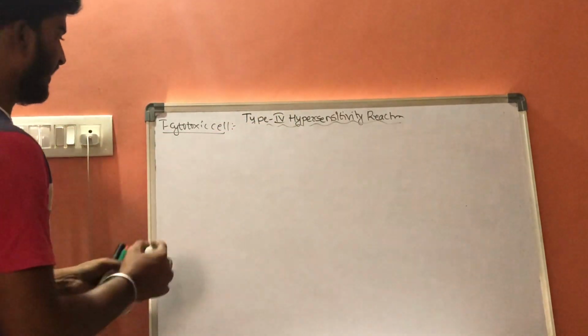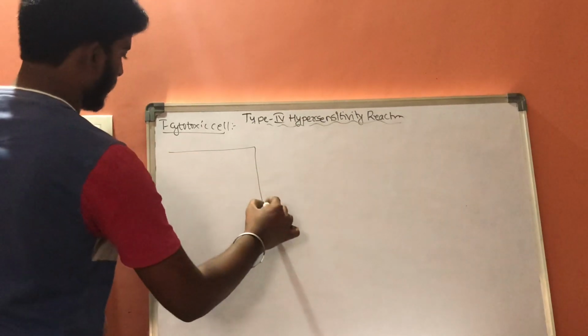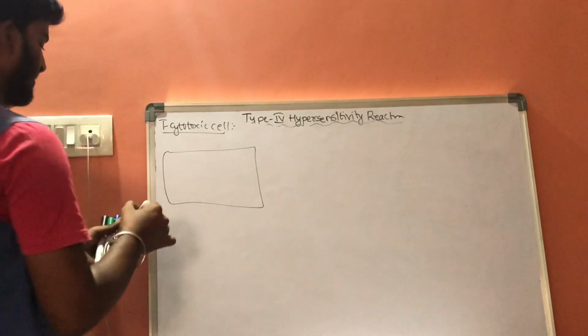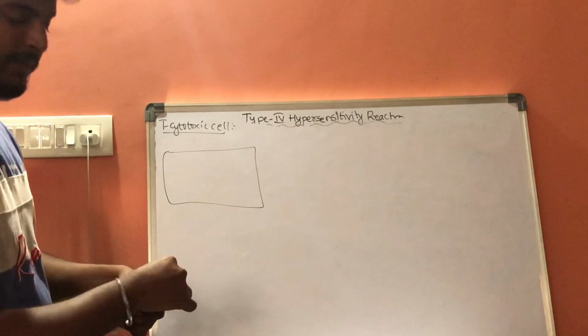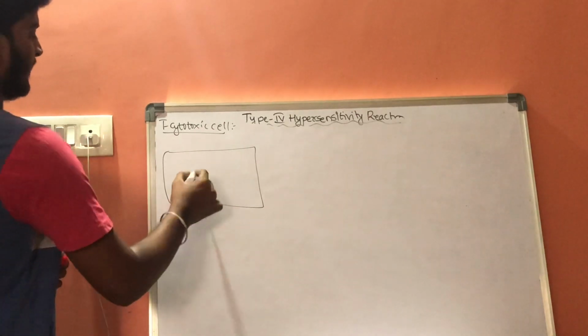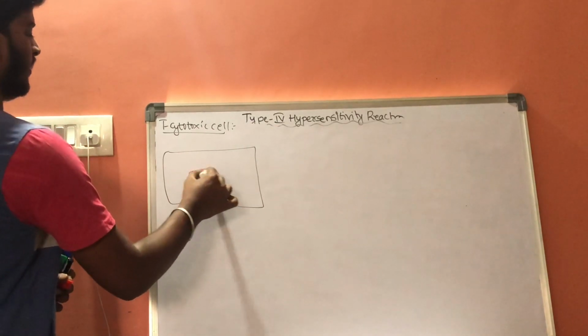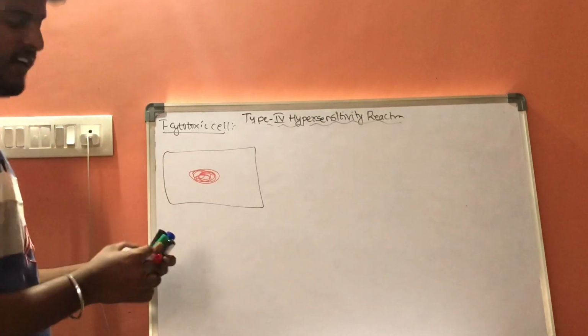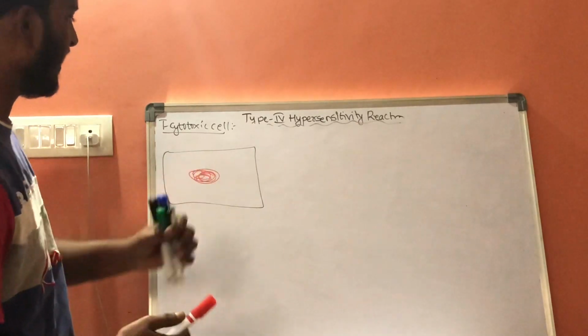Now let us consider this is one normal cell. Inside it consists of TB antigen. This is a virally infected cell, that is TB antigen.